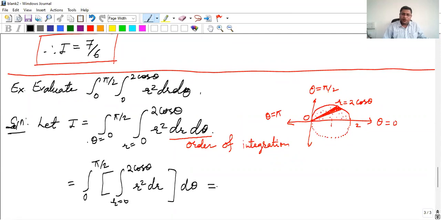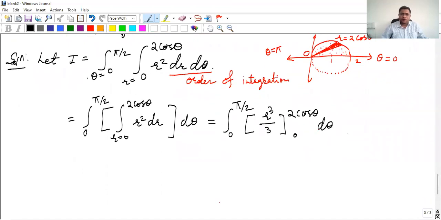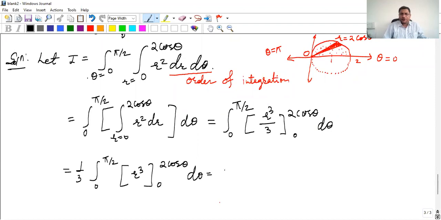Now, if we evaluate, what we get here is the integral from 0 to pi by 2 of r cube by 3, from 0 to 2 cos theta, d theta. Now, if we apply the limit, this 1 by 3 is a constant, so 0 to pi by 2, and r cube from 0 to 2 cos theta d theta.